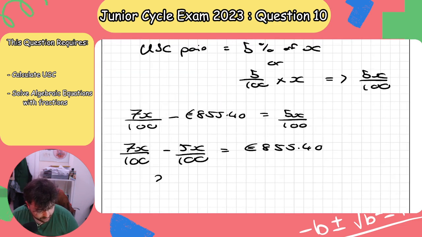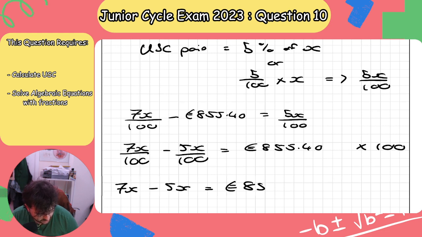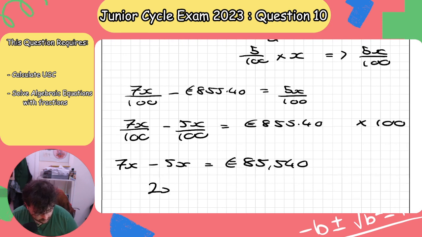So I'm going to multiply across by 100 to get rid of my fraction. I'm going to multiply each term by 100. So 7X minus 5X is equal to 85,540 euro. 2X is equal to 85,540 euro.